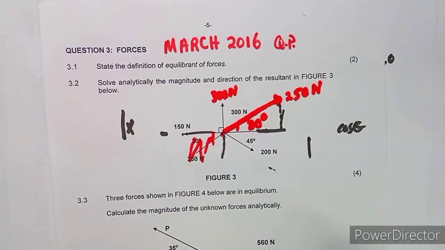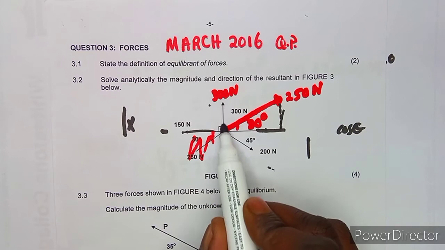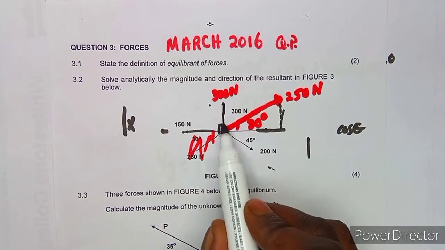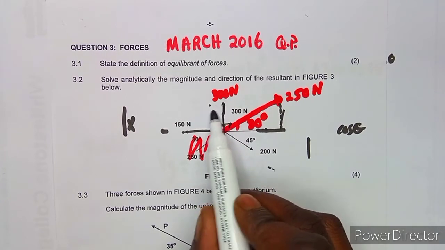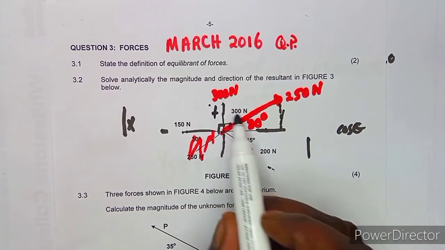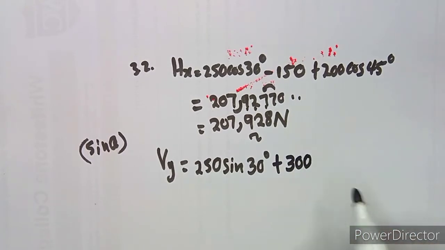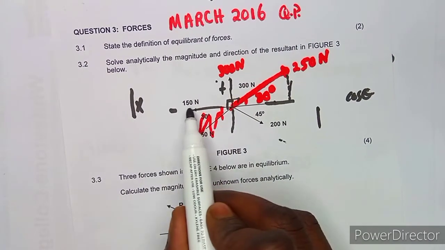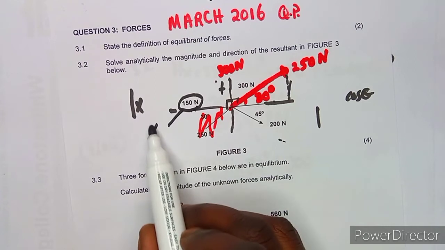Previously we didn't take this one because we said it's a straight vertical. You can see this one is a straight vertical and it's on top, which is a positive, so you're just going to add 300 there. So it's plus 300 because it's positive. Last time we said this is a straight horizontal, so it can never be a vertical.